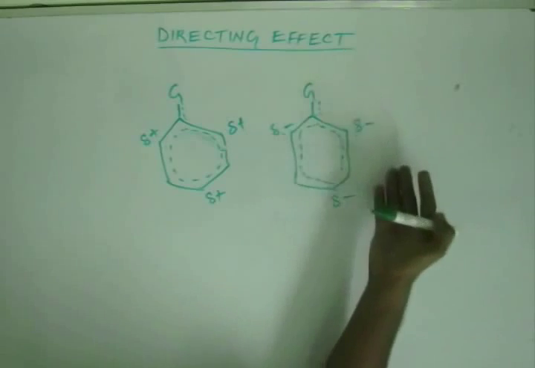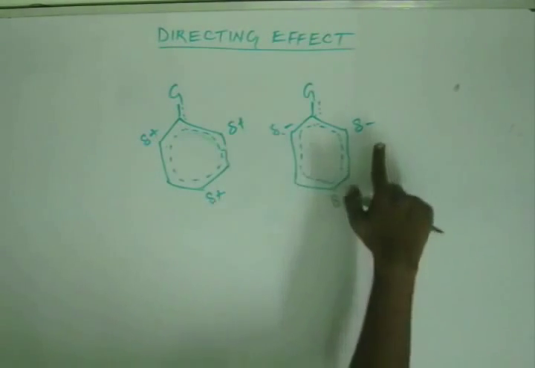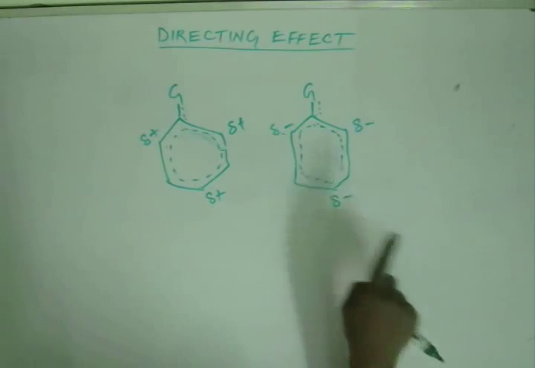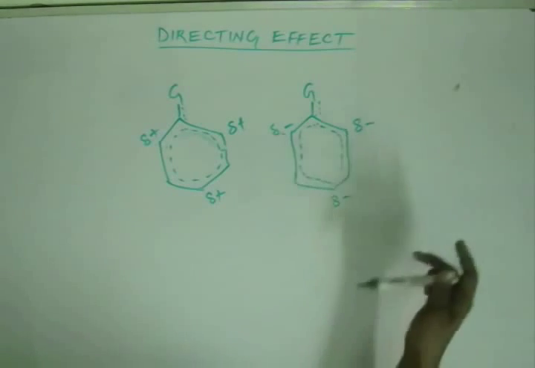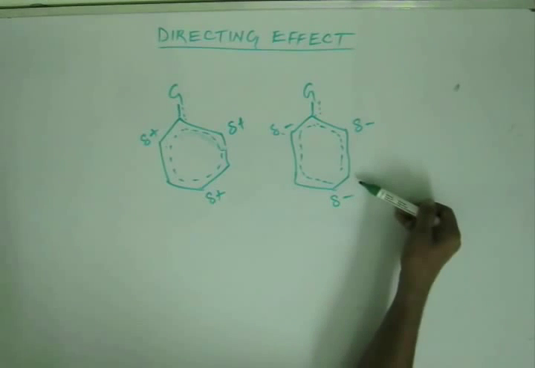And if the group is electron donating, then it increases the electronic density at the ortho and para positions by its donation of electrons, and a new incoming electrophile will go to ortho-para, because ortho-para is more electron rich than meta.